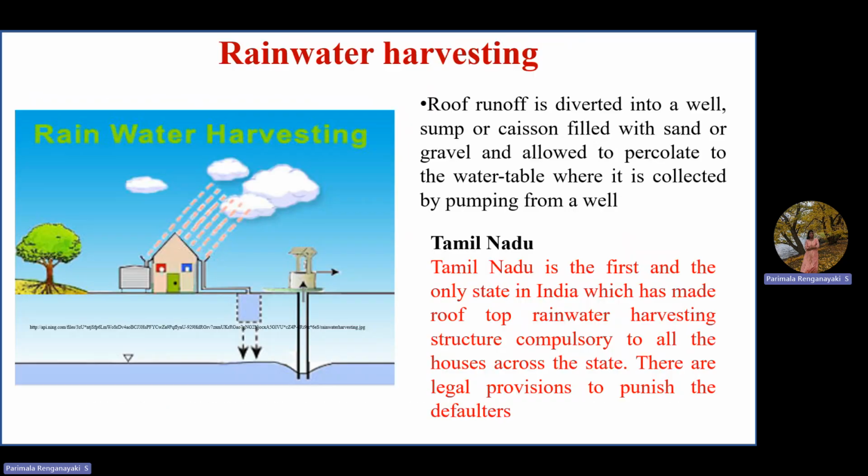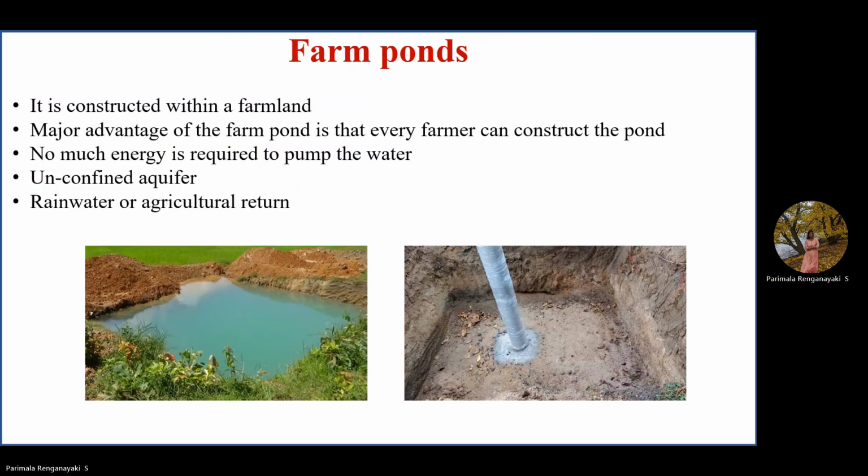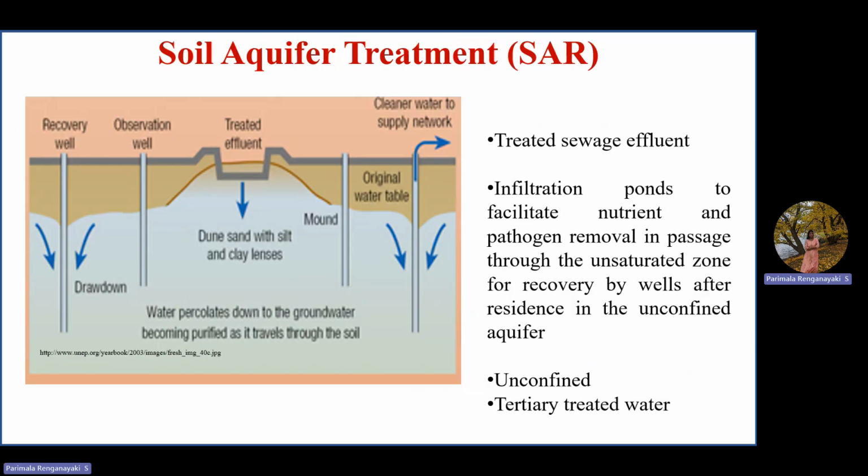Then soil aquifer treatment. We said managed aquifer recharge means even treated wastewater can be used as a source of water for recharge. If you see here, in soil aquifer treatment, as I said before, the treated effluent is stored in this pond.